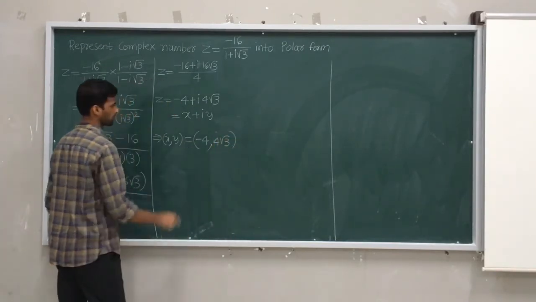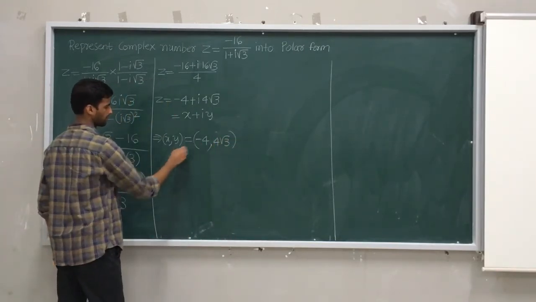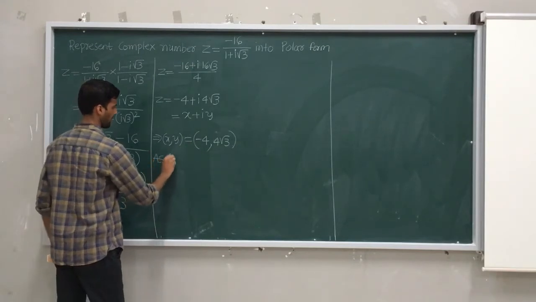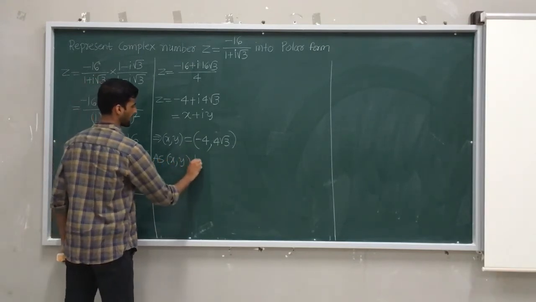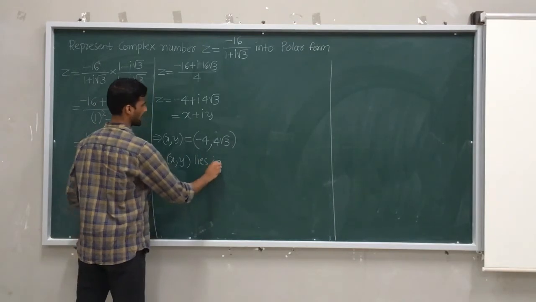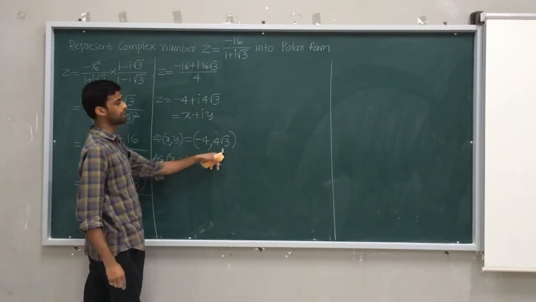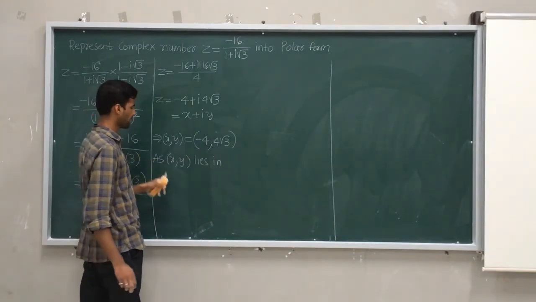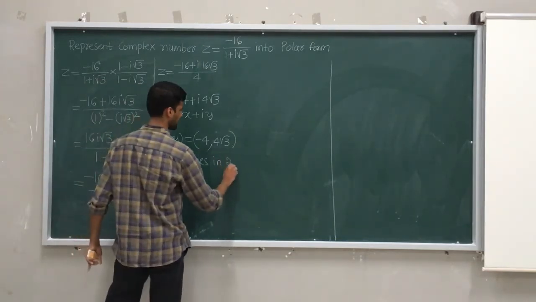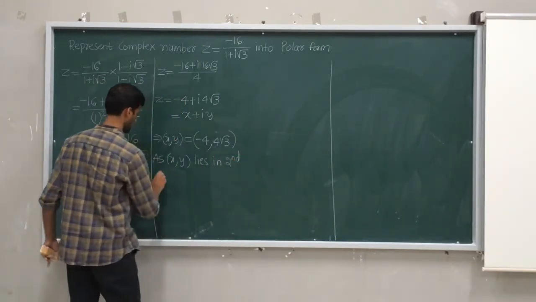Here x is negative and y is positive, so the only quadrant is the second quadrant. Therefore x comma y lies in the second quadrant.